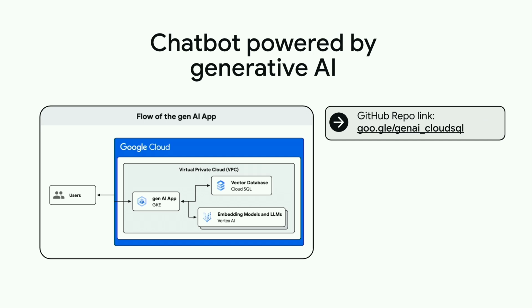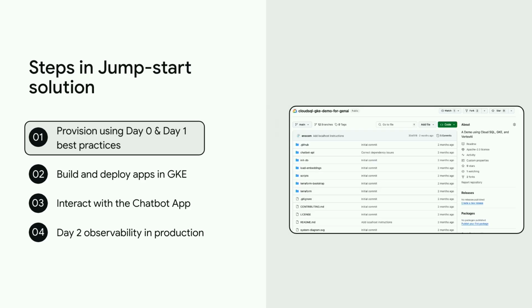So let's look at the various steps that you need to execute when you use this jumpstart solution. There are essentially 4 steps you need to execute in order to deploy a generative AI application using this jumpstart solution. The first is provisioning the infrastructure with best practices in place. The second is building and deploying the applications into GKE.